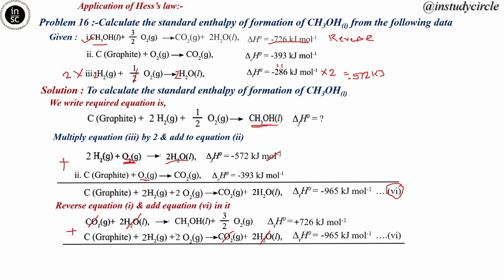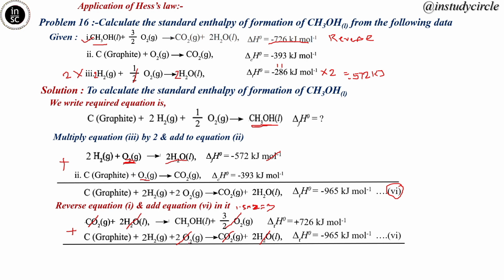Here 4 oxygen atoms are present in equation number 4, and in this equation it is 3 oxygens. 3 by 2 means 1.5, so 1.5 multiplied by 2 means 3 oxygens, and here there are 4 oxygens. अभी 4 ऑक्सीजन में से ये 3 ऑक्सीजन हम निकाल देंगे तो 1 by 2 ऑक्सीजन रह जाएगा.